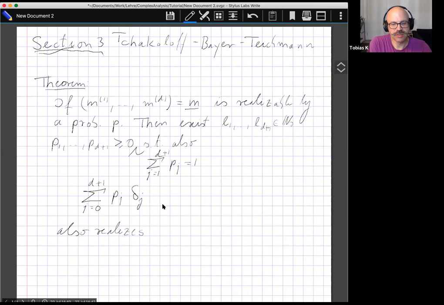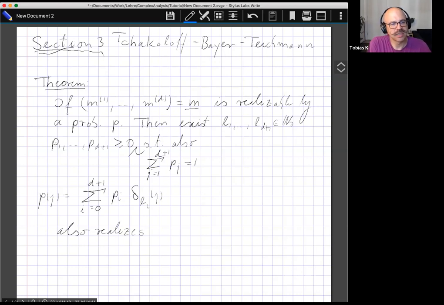So what this means here is that, sorry, this is wrong. Maybe I shouldn't call this J. Let me call it I. So I have here Pi, and then I have here Li. So I have this probability of J, which is given by that.